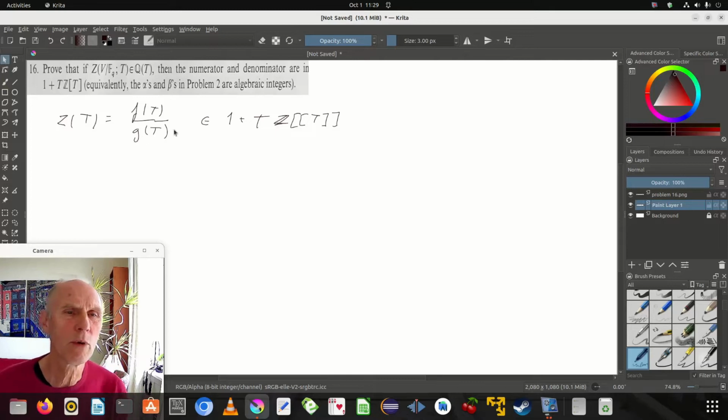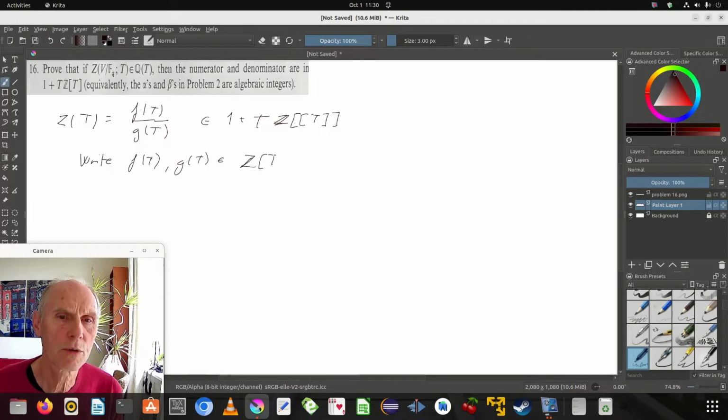I prefer to do away with all the denominators, so that we assume that they are polynomials with integer coefficients. And that means that they may start off with anything here, but it must be the same number, of course.